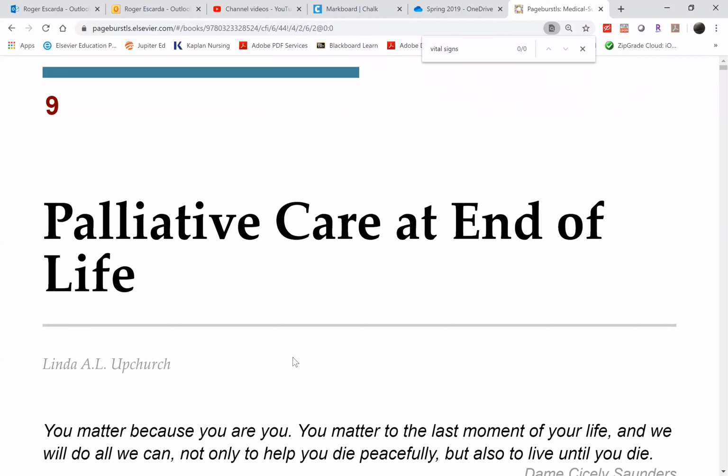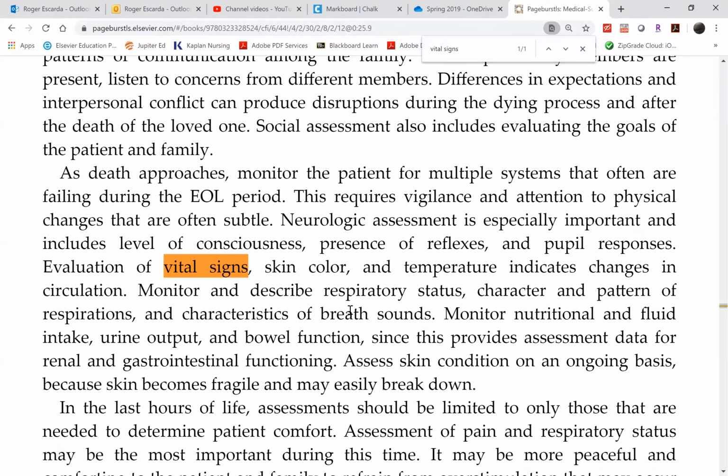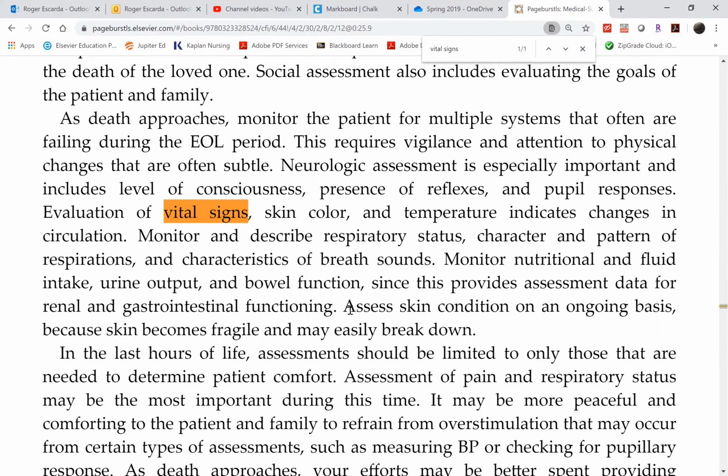Can we do that? Yes. Well, how do you reconcile that with what McCaffery said, that the most reliable assessment of pain is the patient's self-report, which is entirely subjective?